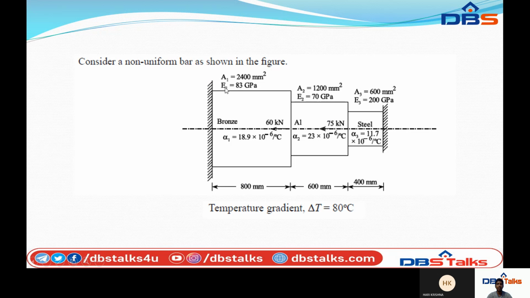The area for the first element is 2400 mm square, Young's modulus 83 gigapascal. For element 2, A2, E2, and for element 3, A3, E3. Length for element 1 is 800 mm, 600 mm for element 2, and 400 mm for element 3. The temperature change delta T equals 80 degrees Celsius, applied to all three elements.